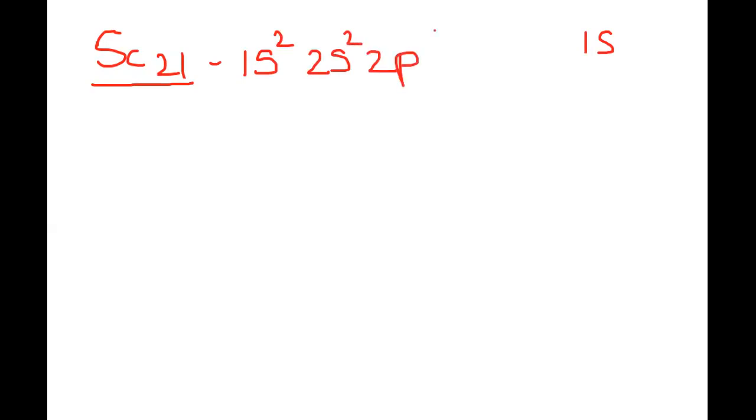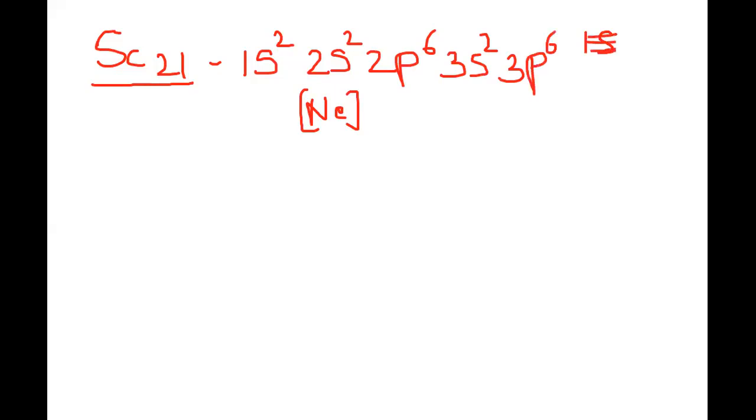Sometimes they write the complete configuration of an inert gas in square brackets. This is the electronic configuration for neon, so they can write neon in the square bracket and then write the rest: 3s2, 3p6.